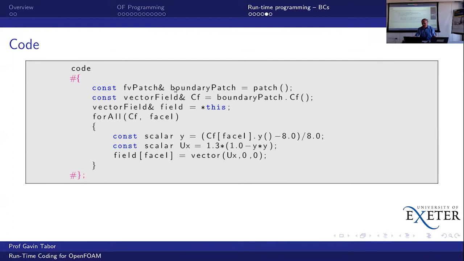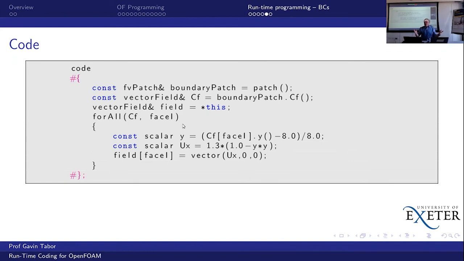So I've called that something called boundary patch. And then I can ask for the face centers here for all of the faces making up that patch. So that's going to be a series of vectors specifying the X, Y, Z components of each face center making up the patch.